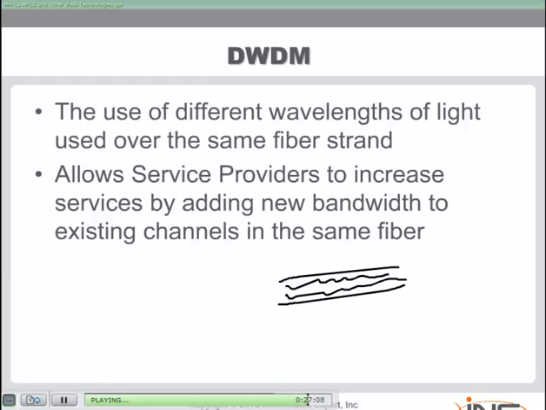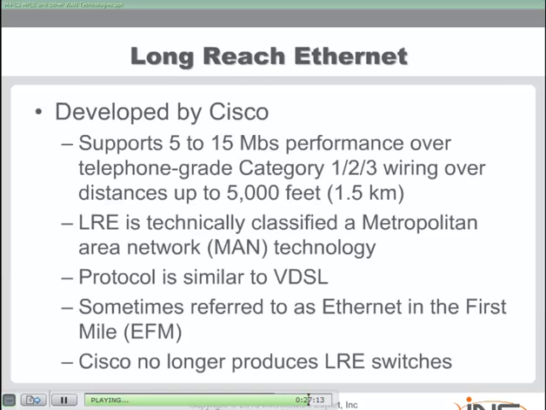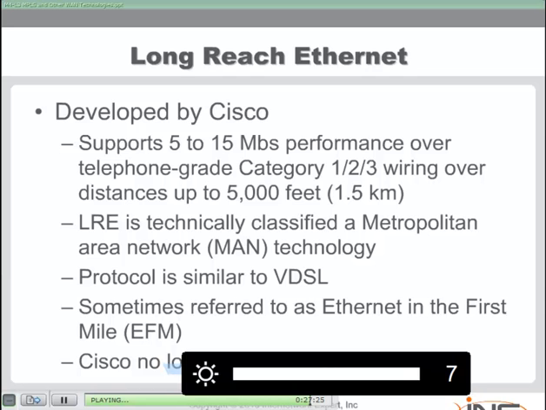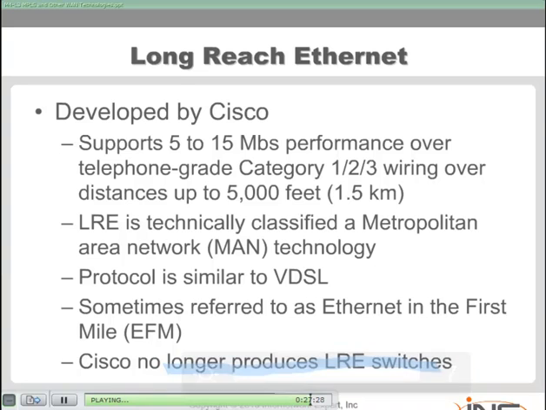A technology that grew out of this concept was Cisco's long-reach Ethernet. Notice Cisco has given up on this initiative and no longer produces long-reach Ethernet switches, but you are responsible for knowledge of this technology as a CCDA. Long-reach Ethernet supported 5 to 15 megabit per second performance options over typical telephony category wiring of distance of up to 1.5 kilometers.